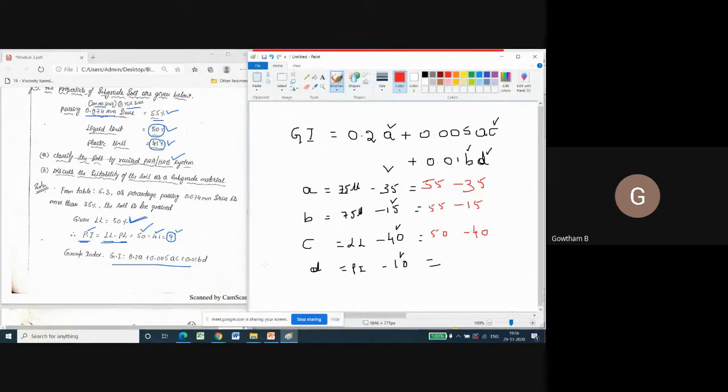For D, the plasticity index, which is 9, so 9 minus 10. So you have to get these answers.